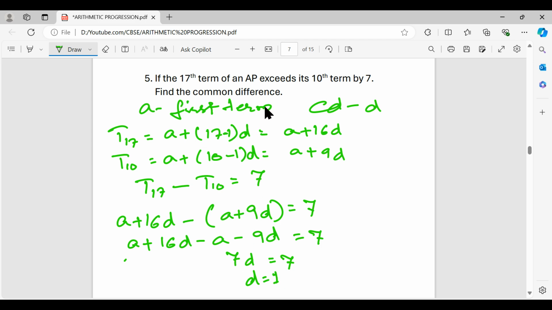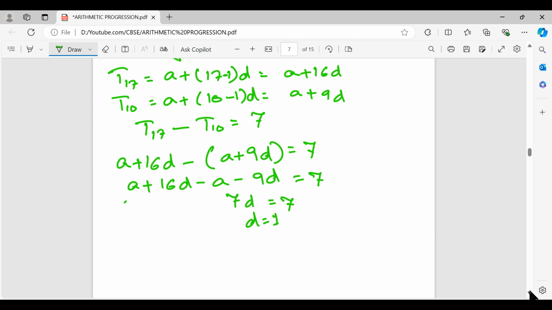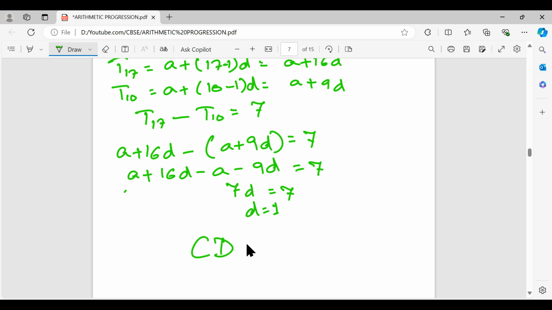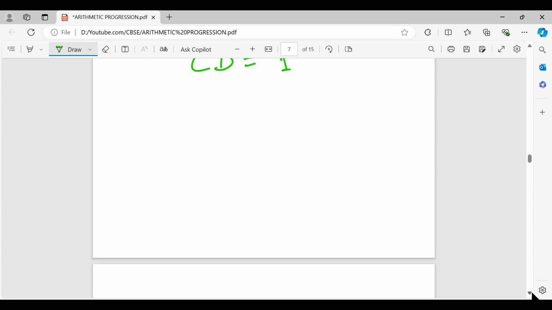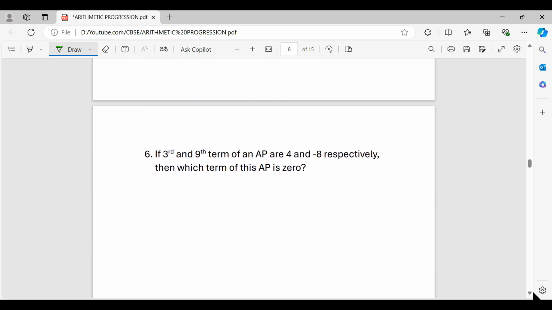This was the question, find the common difference. So your common difference is 1. Easy? If you just understand that rule, Tn is equal to a plus n minus 1 into d, this is easy to work on.